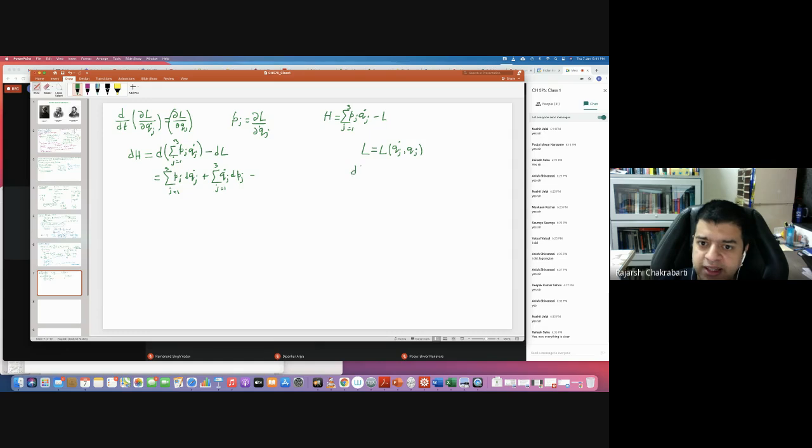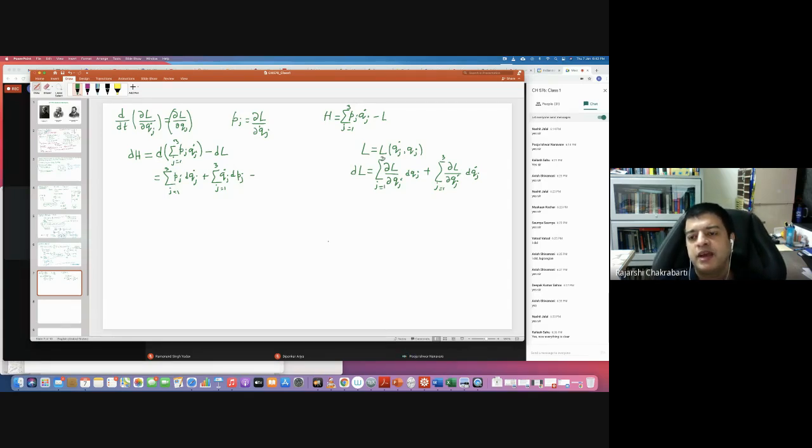So dL, you know how you write in calculus: del L del Qj into dqj, sum over j, plus del L del Qj dot dqj dot. Is this clear? For one particle I am doing.